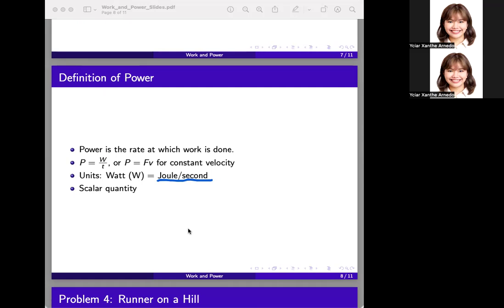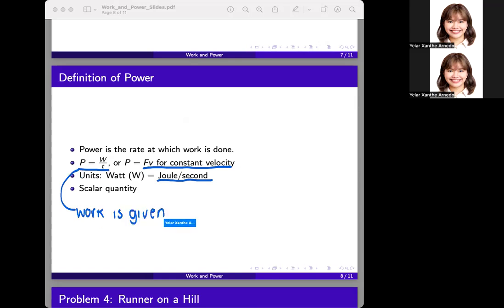And in here, we also have a formula for constant velocity. And that implies that force and velocity are moving in the same direction. This first formula is useful if the work done is already given.